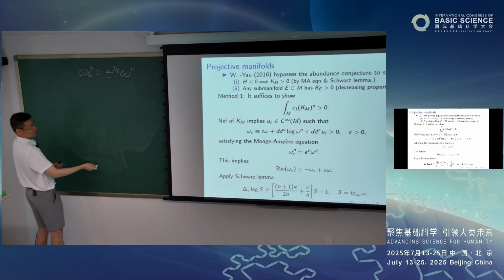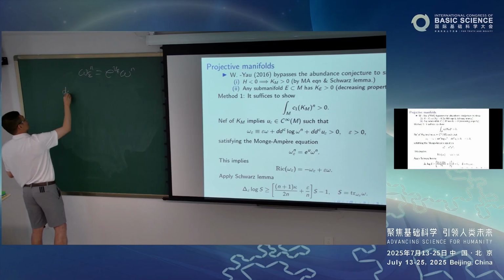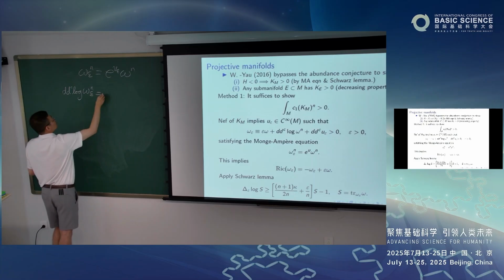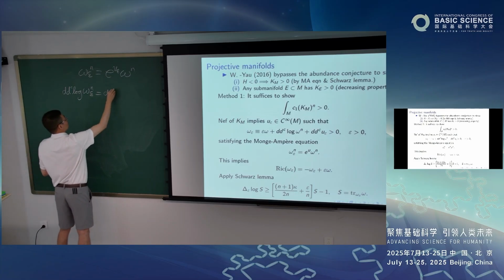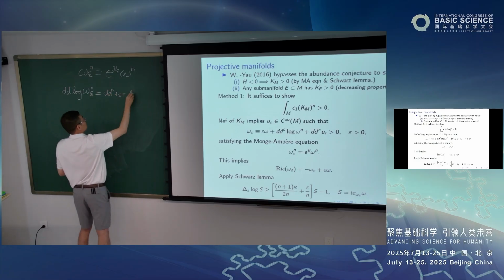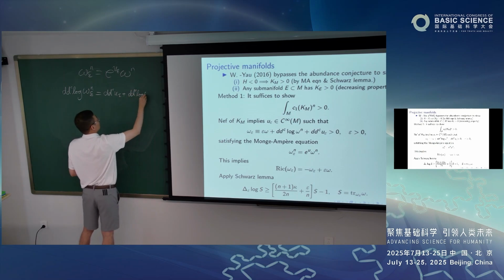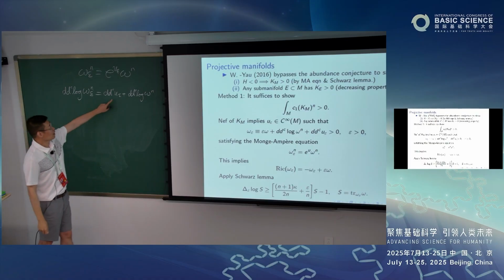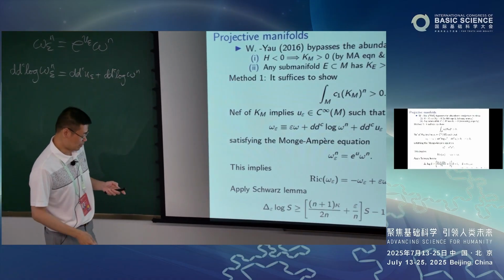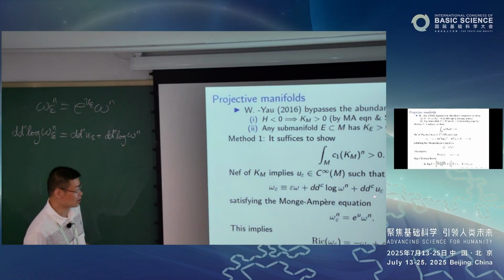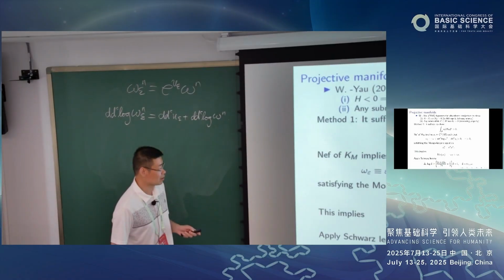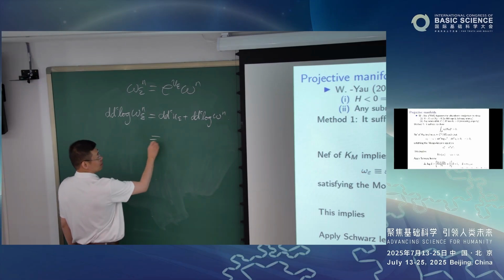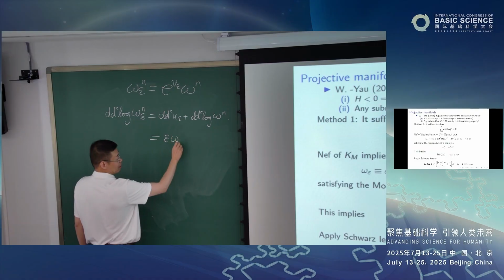So what's the Ricci curvature? It's a DDC log. So this will be a DDC of u epsilon plus DDC log of omega to the n, right? And now you replace this DDC u epsilon and this log here by omega epsilon minus this. So this is equal to epsilon omega.